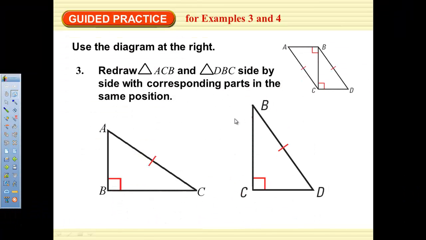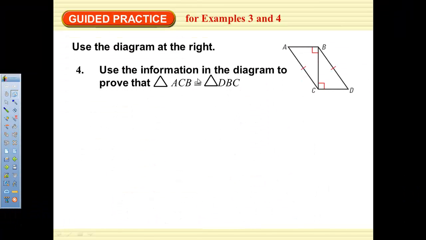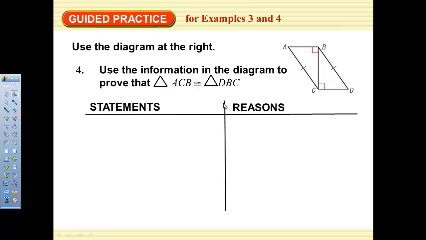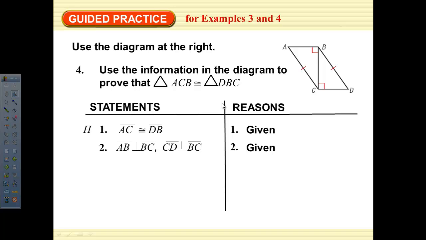So we go back and we redo it. We want to show that ACB and DBC are congruent. We start with a hypotenuse, which is AC and DB being congruent, and that was given to us. Then we would state that the lines are perpendicular, which was also given.